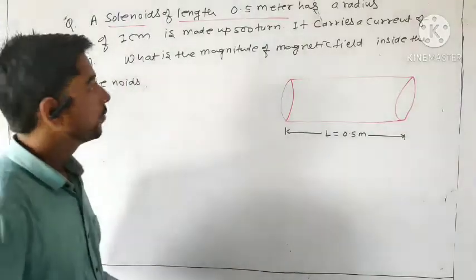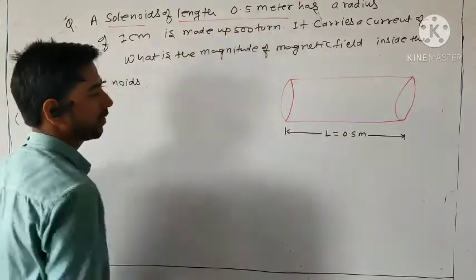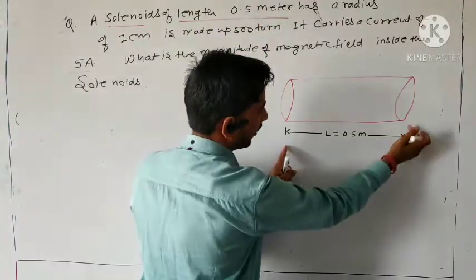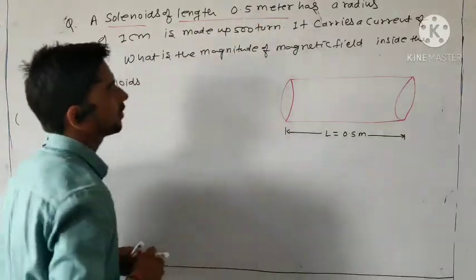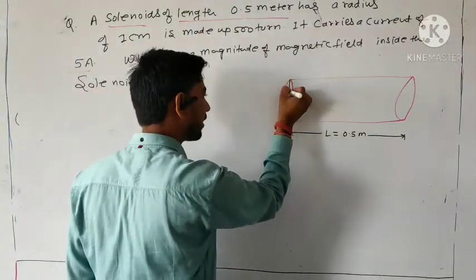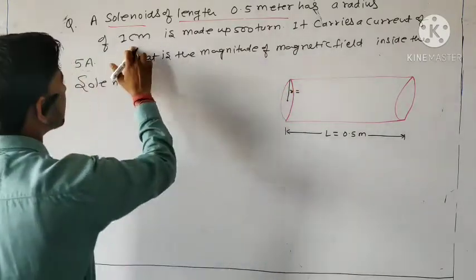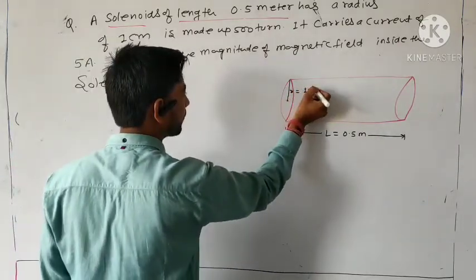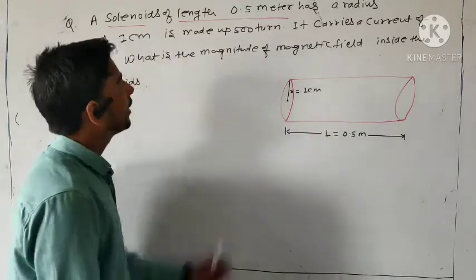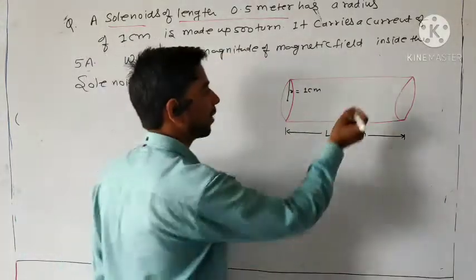Okay, so in the question it has given a solenoid of length 0.5 meter. Suppose this is the solenoid, and this one is the radius r. The radius is given as 1 centimeter, and it is made of 500 turns. That is the total number of turns.